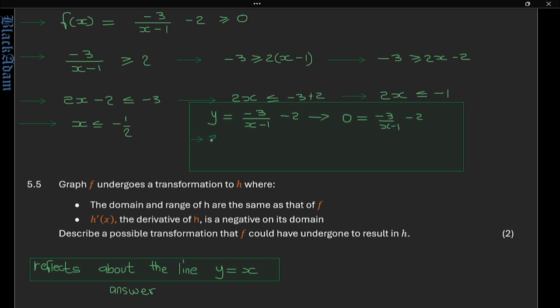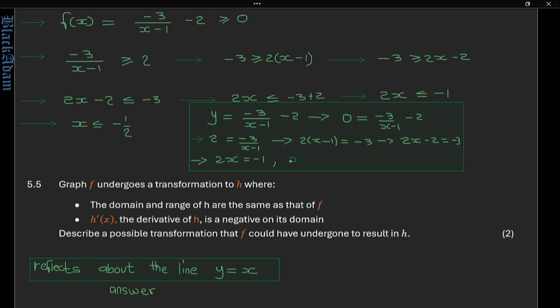So 0 is equal to negative 3 over x minus 1 minus 2. Taking negative 2 to the left becomes positive, so 2 is equal to negative 3 over x minus 1. That will give us 2 times x minus 1 when you cross multiply, is equal to negative 3. So 2x minus 2 is equal to negative 3, and then 2x is going to be negative 1.